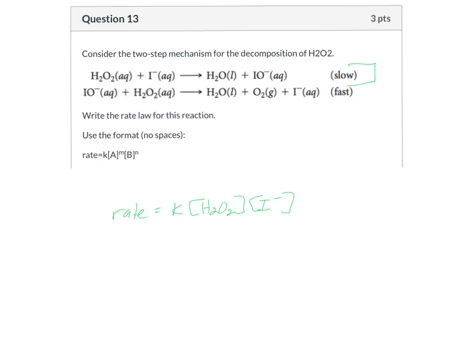Now we can't write m and n here based on data, so we simply use molecularity. This is one molecule here, one molecule there. They're different, so we have a 1 and a 1 essentially as our powers. And this is your rate law. There's nothing more than that. You have to use the slow step. That's all I was testing here.